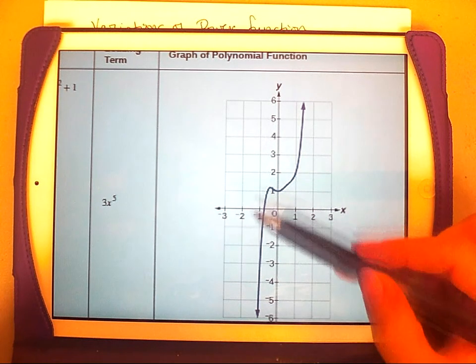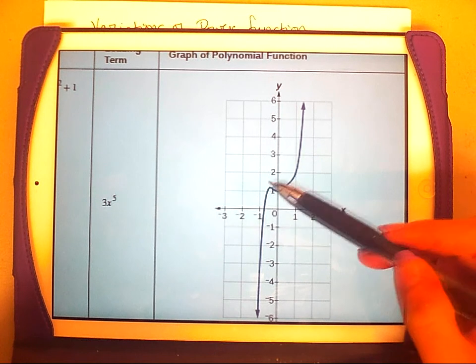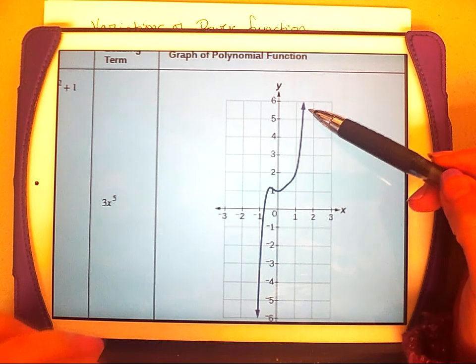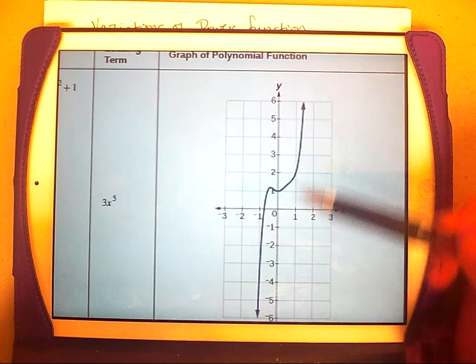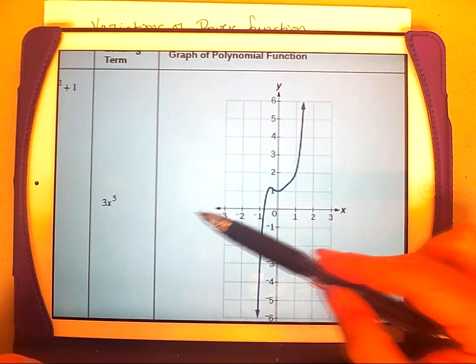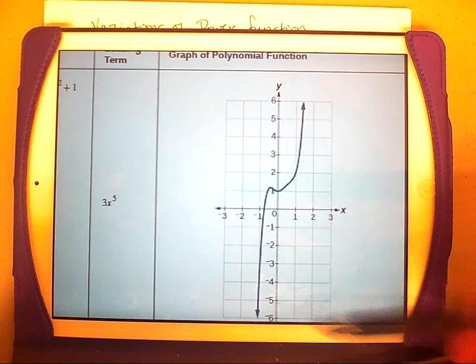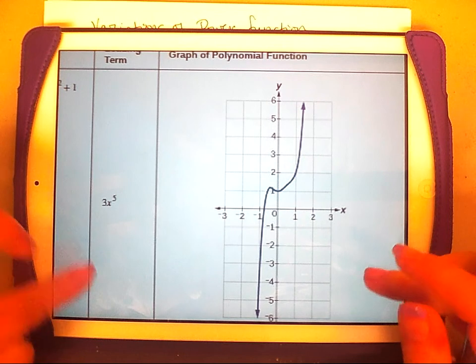In between, we have a little bit of variation, but at very large positive values of x, the function is going positive, and at very large negative values of x, the function is taking off to negative infinity.